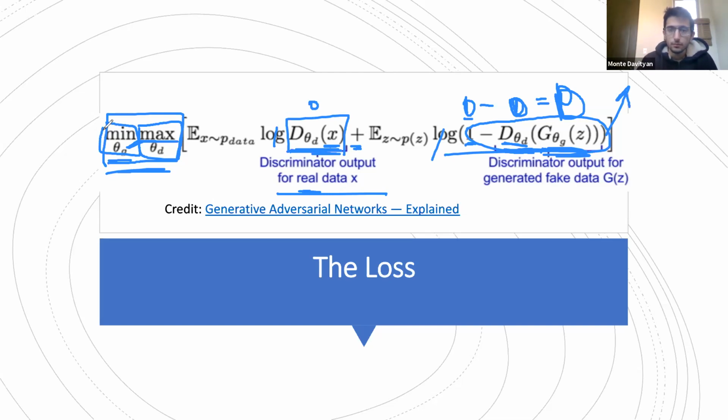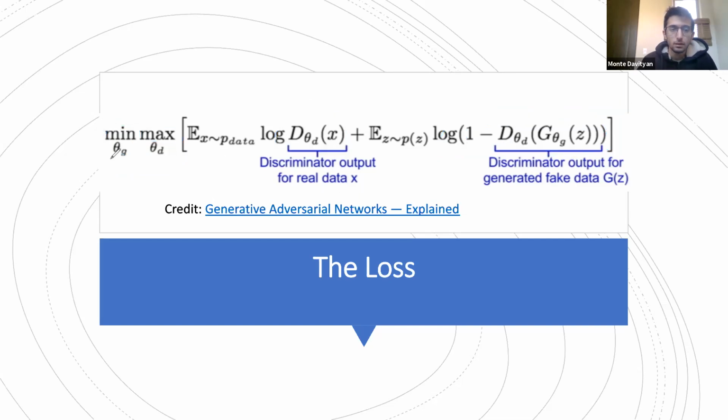And so this is the main thing, this minimax operation. This is how they're competing. One is trying to minimize and one is trying to maximize. Let's say the discriminator gets better and the loss decreases. Now it's the generator's turn to generate better and better data. Now let's say the generator is doing really well and the discriminator is doing poorly. Well, now it's the discriminator's turn to do better and to decrease that loss.